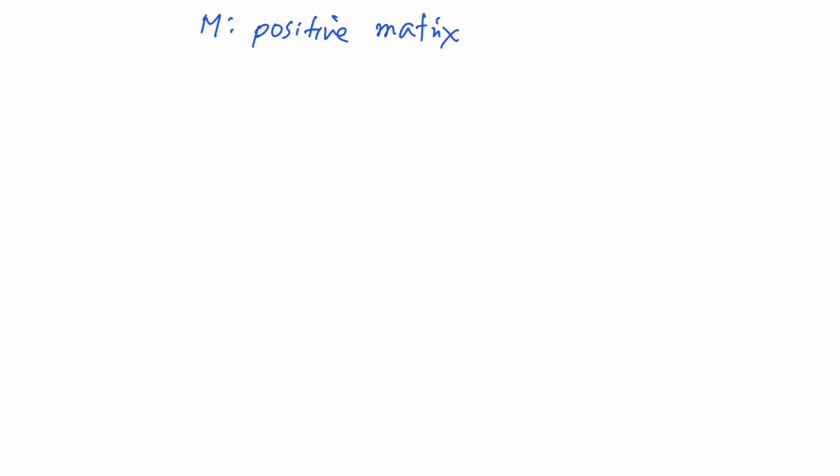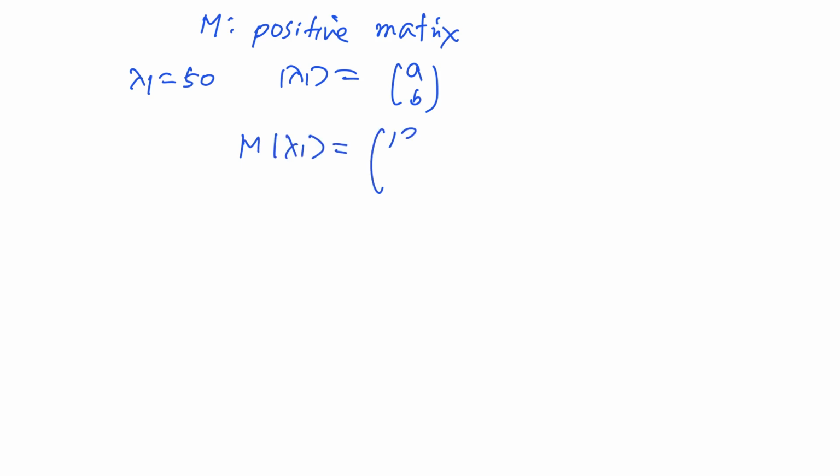So for the eigenvalue lambda 1 equal to 50, how do we find the eigenvector? Say the eigenvector is (A, B). So M times the vector, 125, -75, -75, 125 times (A, B), is the same as 50 times (A, B).